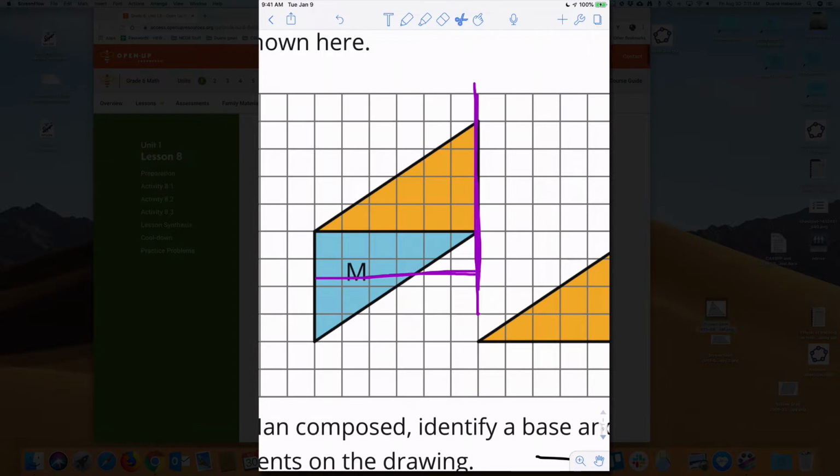So that's our parallelogram, base and height. Maybe I'm going to label this B, and I'm going to label this H as our height. It's kind of weird that our height is the thing that's going left and right, and our base is the thing that's going up and down. So that is a little weird, but that's cool.